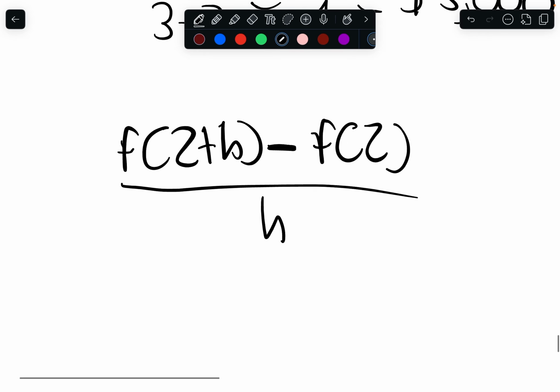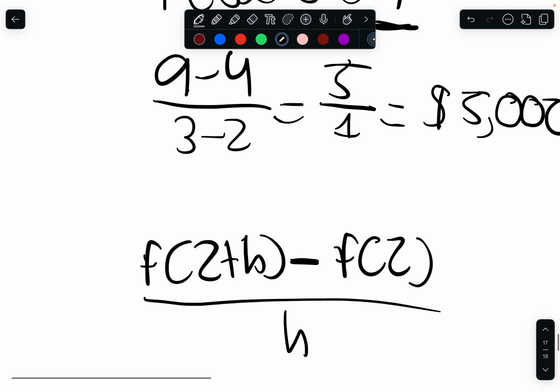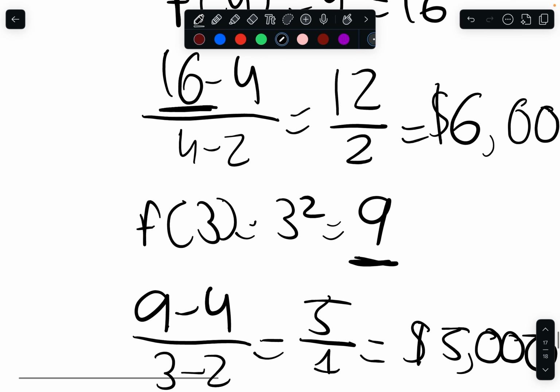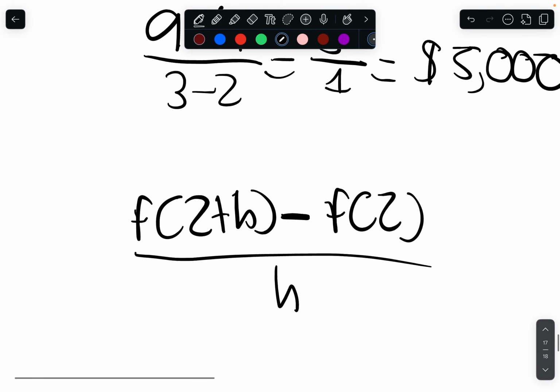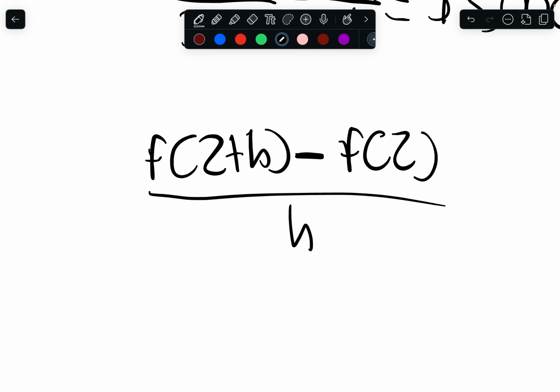Okay, what we were doing before, we're just plugging in points. h was 1 here because we were at 3 hours. 2 plus 1 is equal to 3. So this h has to be 0 and almost 0. It can't be exactly 0 because then this wouldn't work out in the denominator.